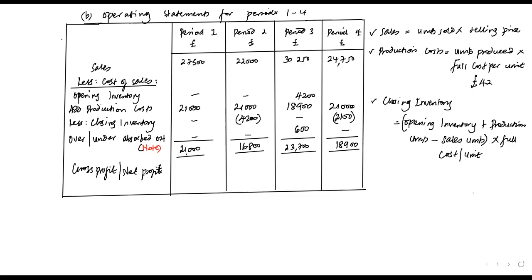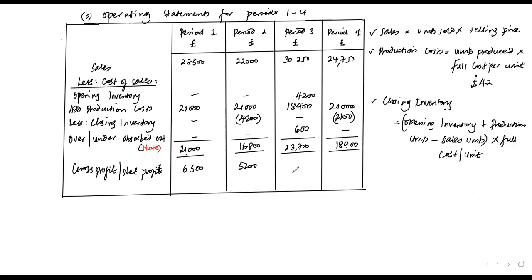So in period 1, you will get the sales minus this cost of sales of 21,000, and that will be 6,500. Period 2, the sales 20,000 minus 16,800, that is 5,400.